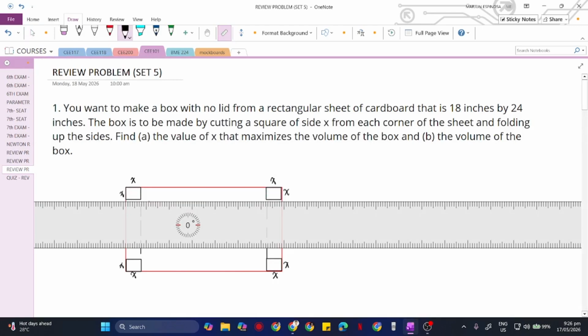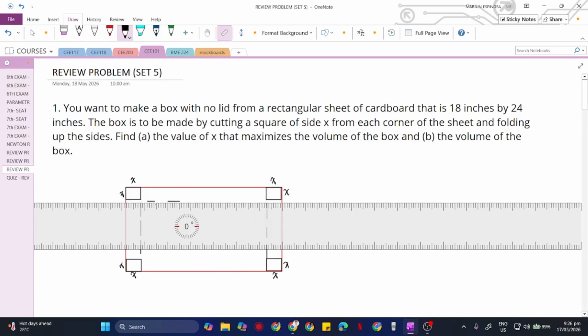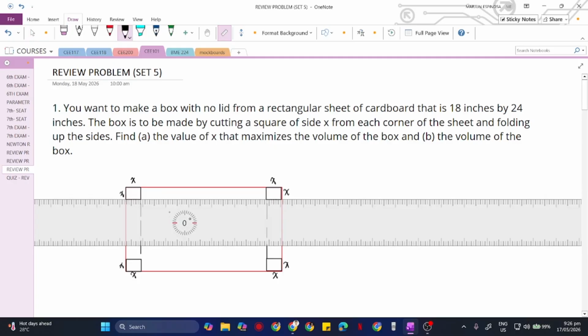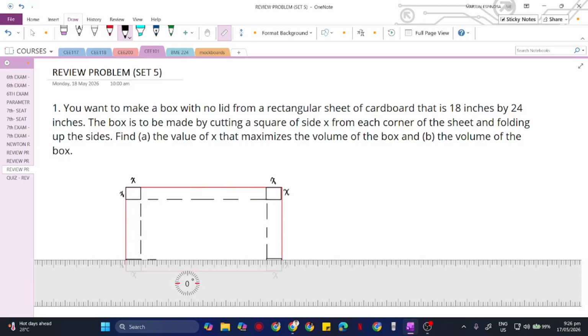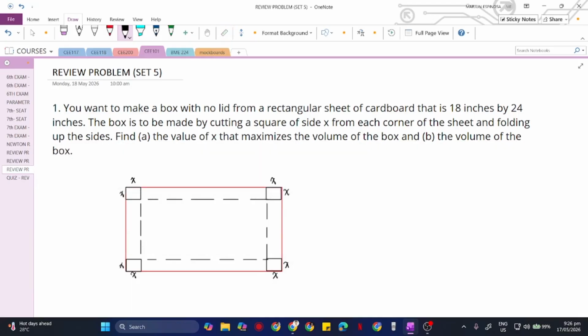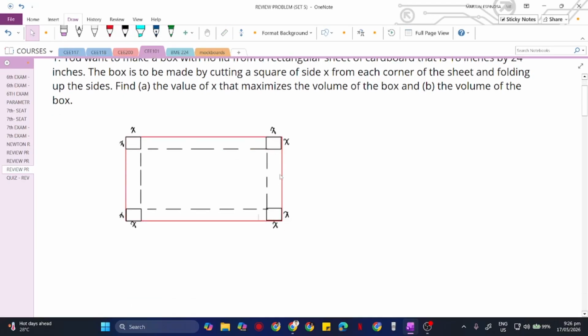Let me just draw this quick. This serves as our base, and this one we fold, then this one also, and so on and so forth.